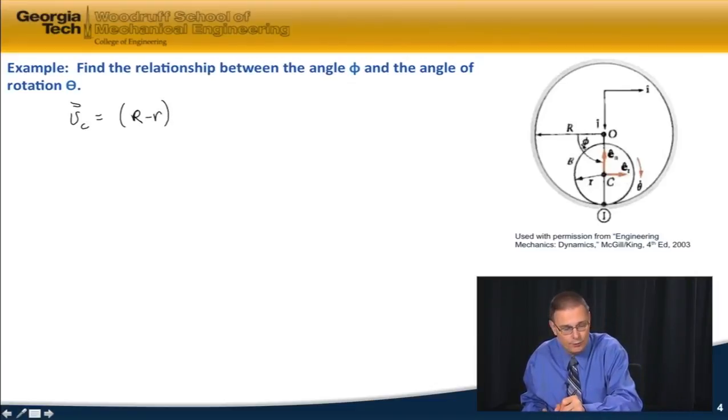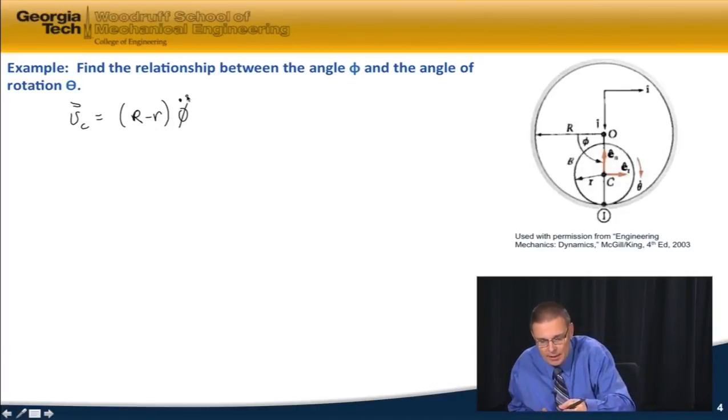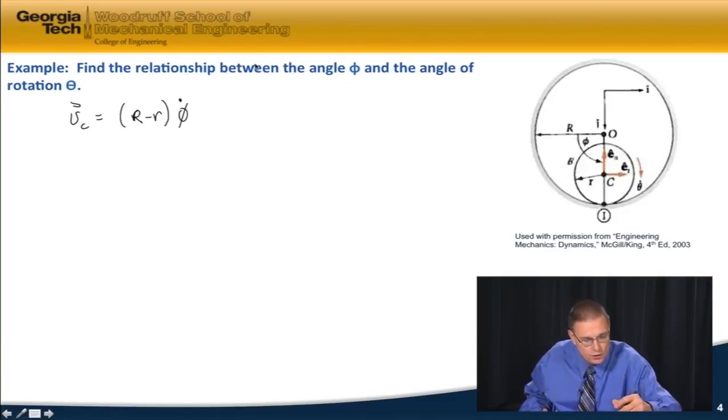And the angular velocity is phi dot. As phi is going counterclockwise, the velocity of the center is going to be in the e tangential direction.